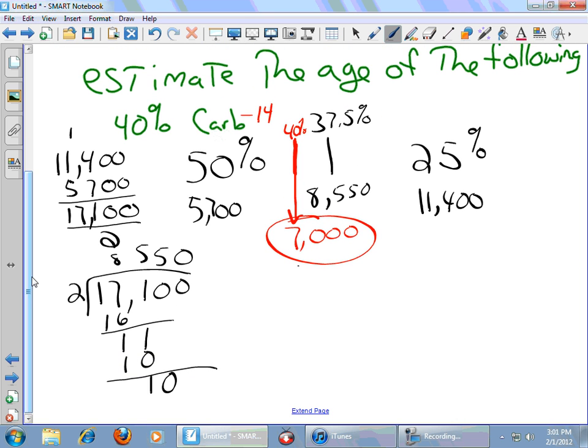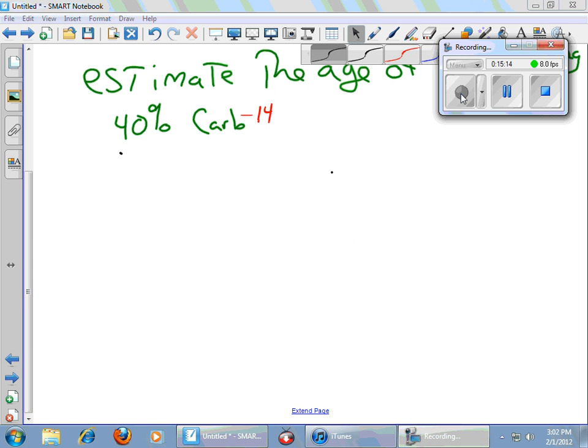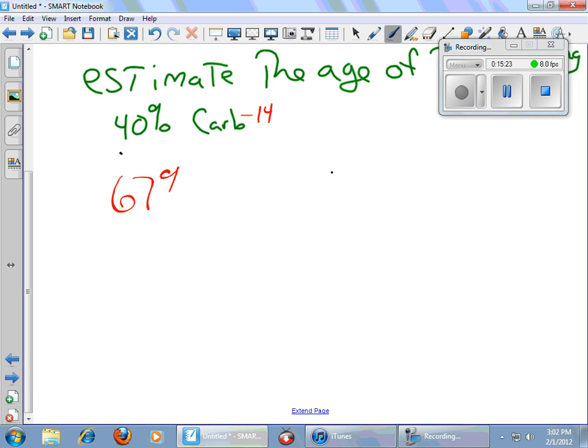Okay, let's try another one. Hold on one second. Let me get the board all set. Okay, this time let's estimate the age of something that has 67% of its carbon-14 remaining.